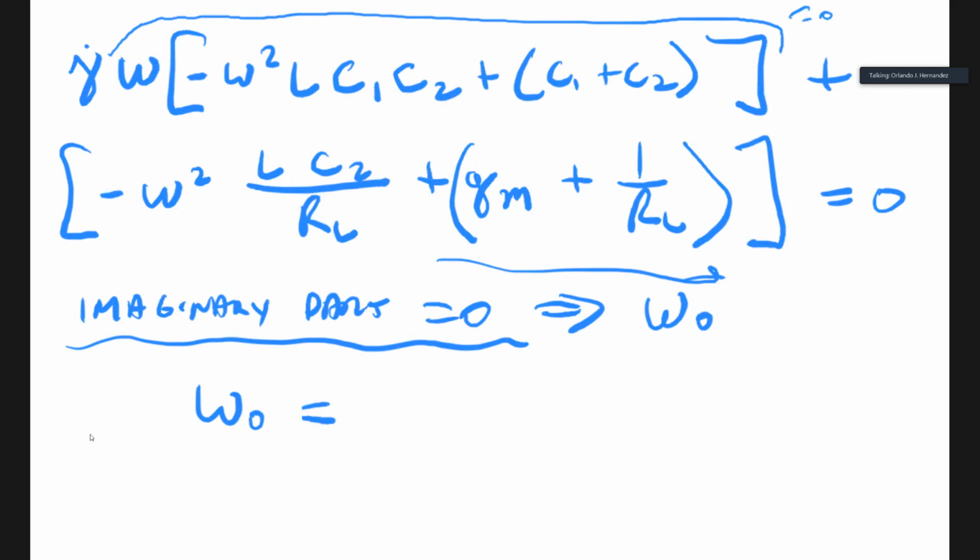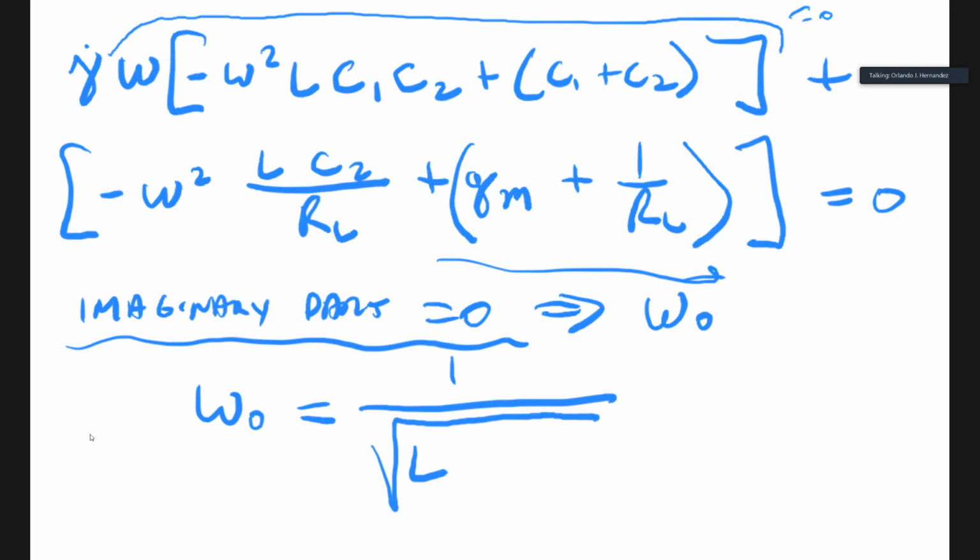Then I get that omega naught is 1 over the square root of L times the series combination of C1 and C2.